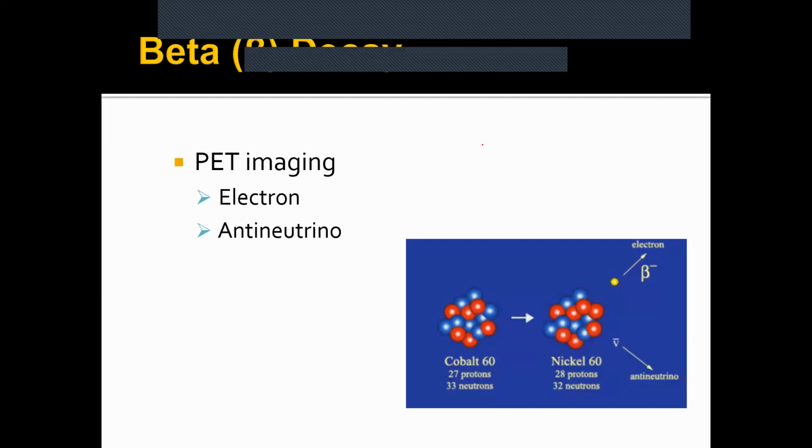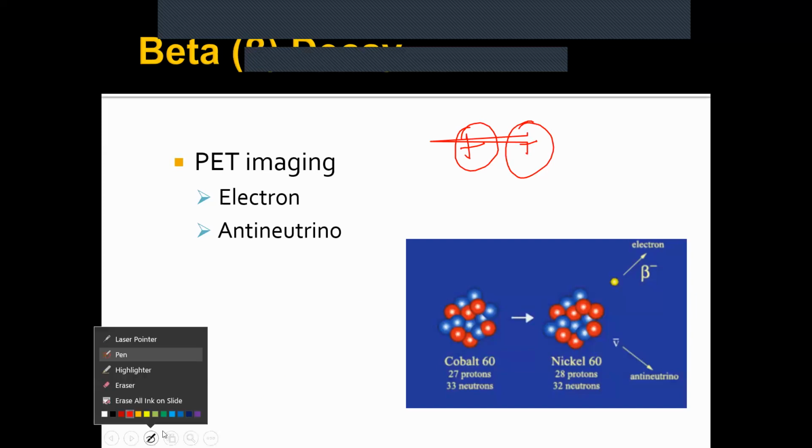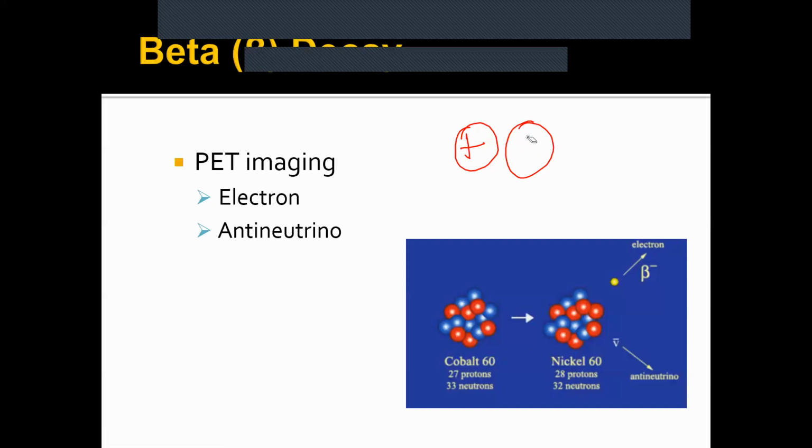that one way to think of a neutron is that it's a proton with an electron attached.